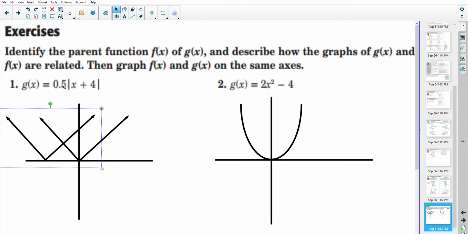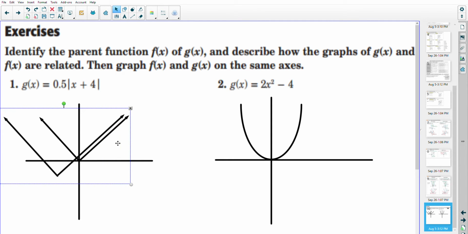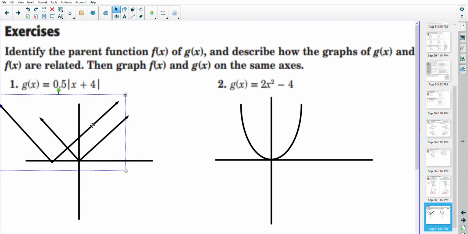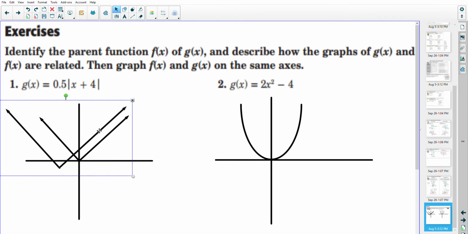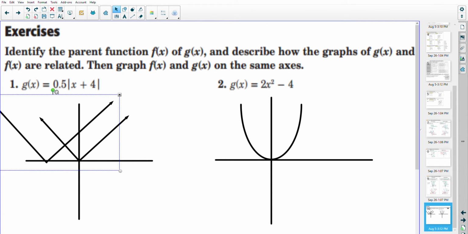And then the second part is it's 0.5, so it's not going to be rising as fast, which means you're making it wider than the original graph. I'm trying to move that wider, maybe like that. Didn't work, but the idea is that you want to make it wider than the original graph.